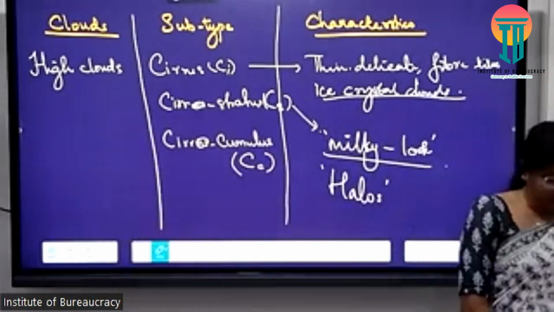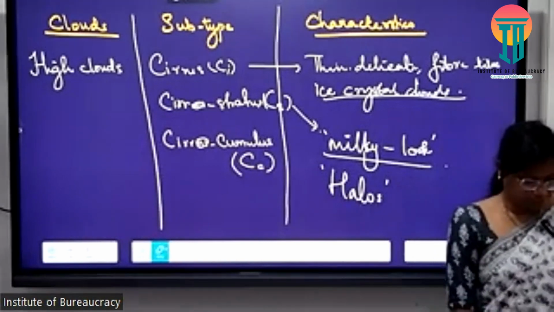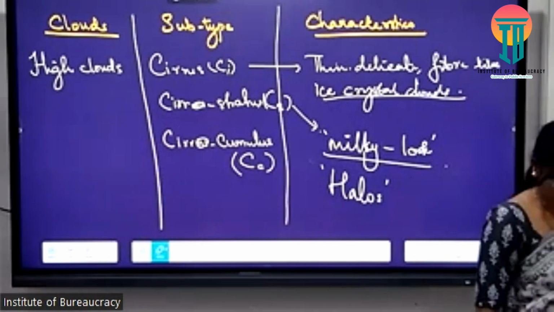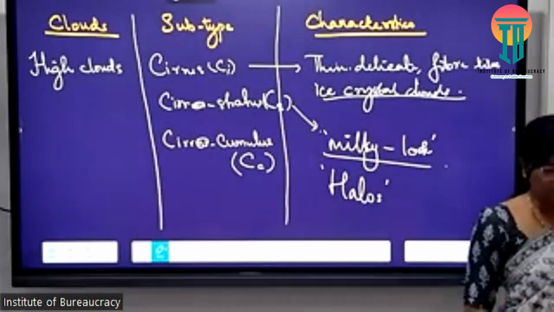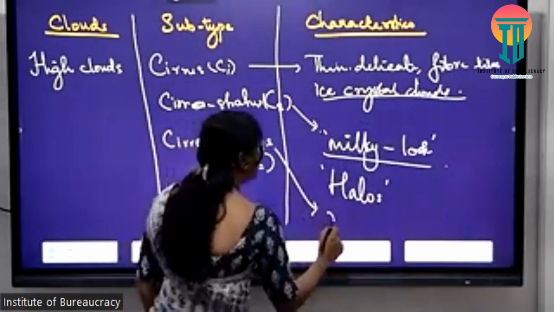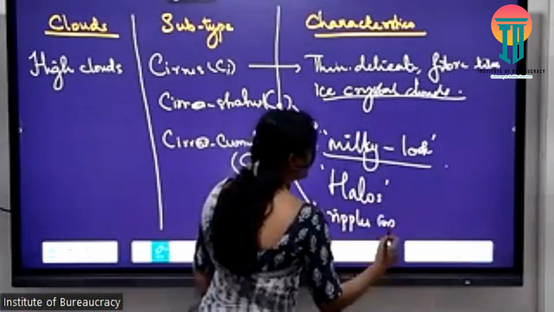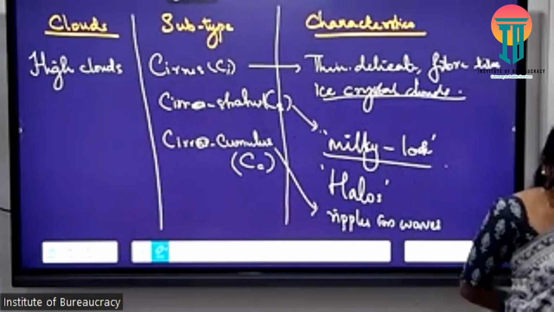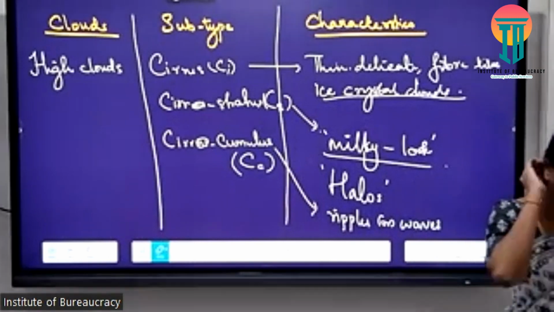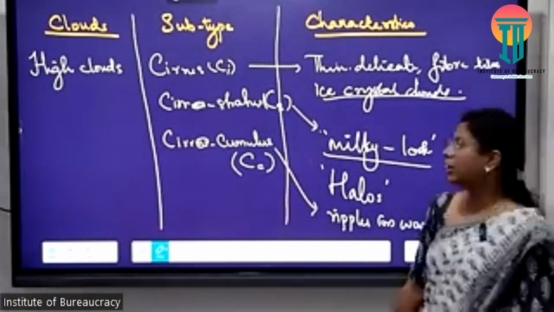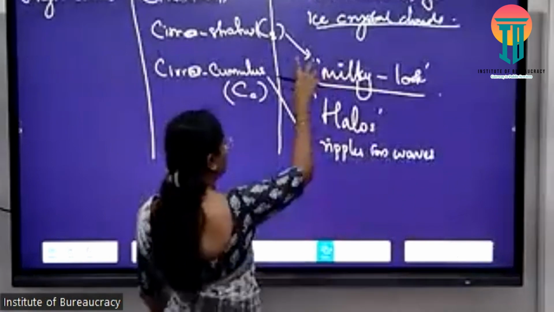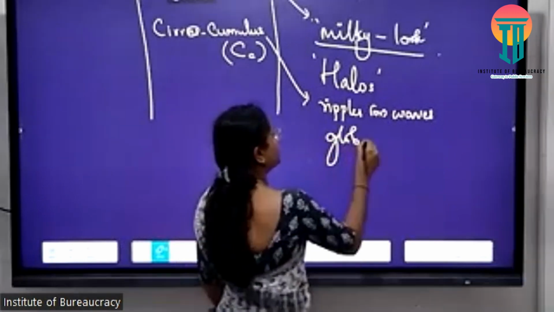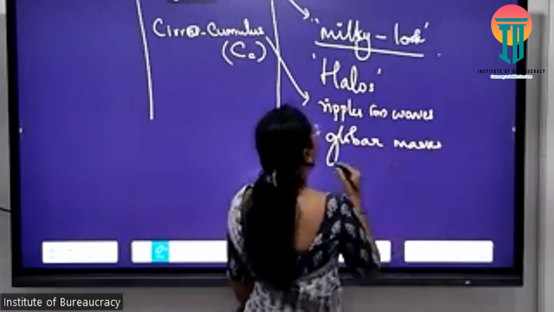Description: cirrocumulus are thin white ice crystal clouds in the form of ripples or waves, or globular masses all in a row.